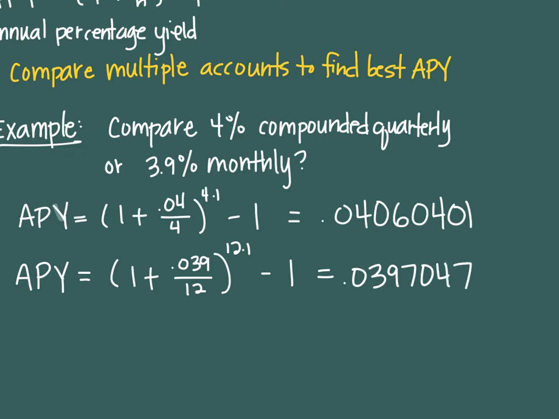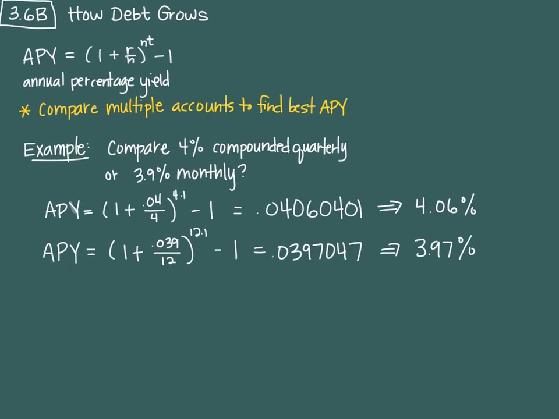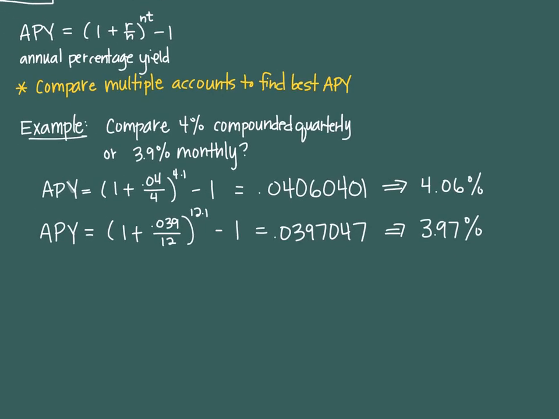Okay. So if you translate those into percentages, if you are not getting that, you're doing something wrong with your parentheses, or show me your calculator so I can figure it out. All right, if we translate that into a percent, that's going to be 4.06%. And if we translate the other one into a percent, it'll be 3.97. Now, which one is better depends on if you're borrowing or investing money.